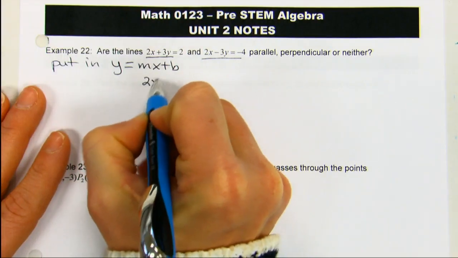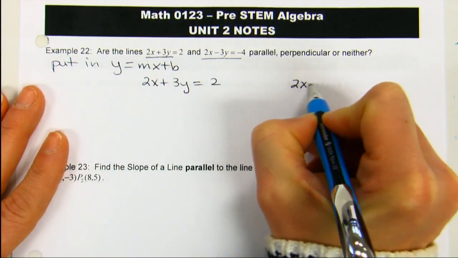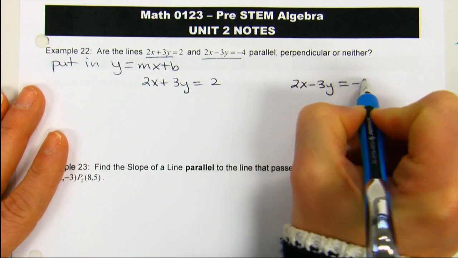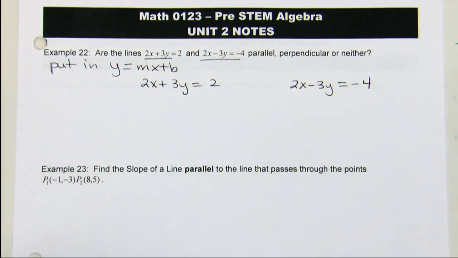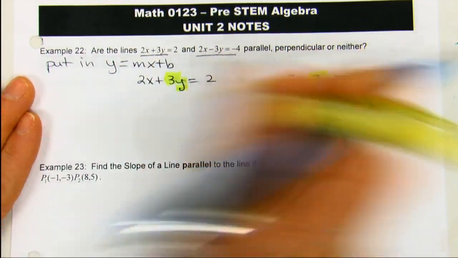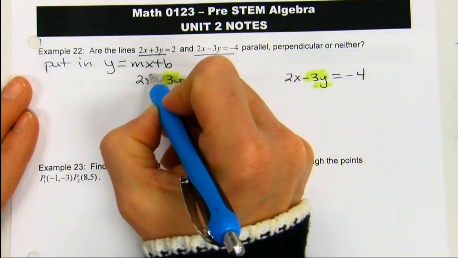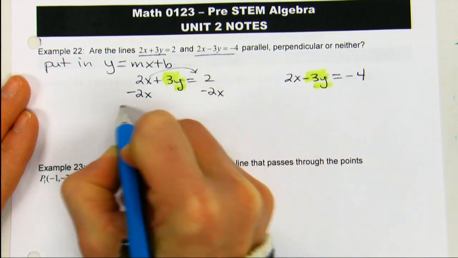So I'm going to rewrite both problems so I can show my work of putting that in slope-intercept form. I would want to isolate y. This is the term I'm trying to get by itself on both of them. The first thing I would do is move my 2x over. Since it's a positive 2x, we're subtracting 2x.